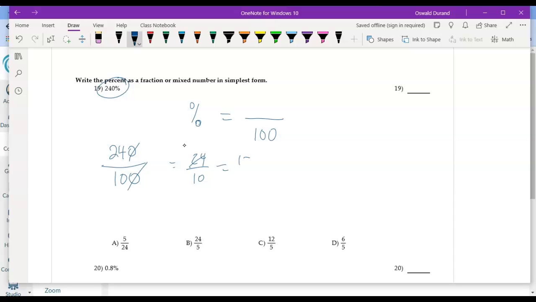Divide by 2, you get 12. Divide by 2, you get 5, right? Can I put that as a mixed number? Yeah, if I wanted to, but they didn't do that. I don't know why, but it could be 2 and 2/5. That's what it should have been, because they're asking me to put it as a fraction or mixed number. They chose this. Anyway, all right.